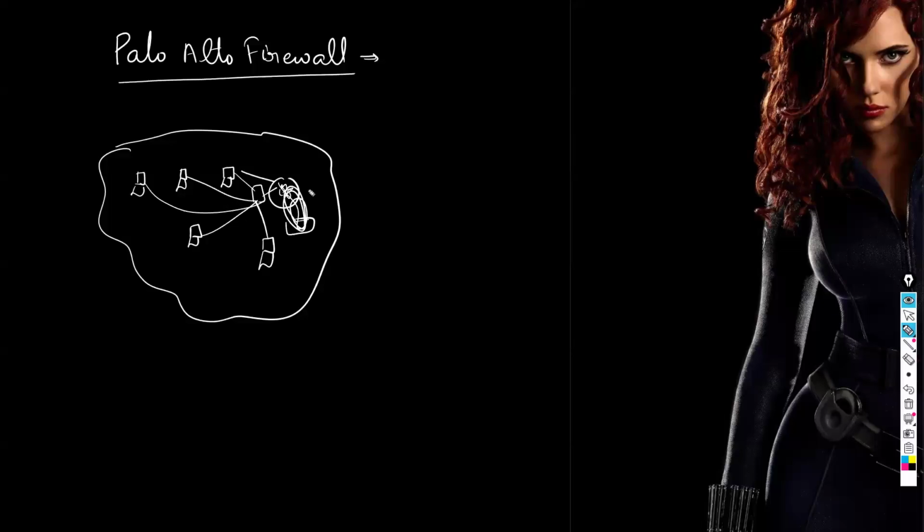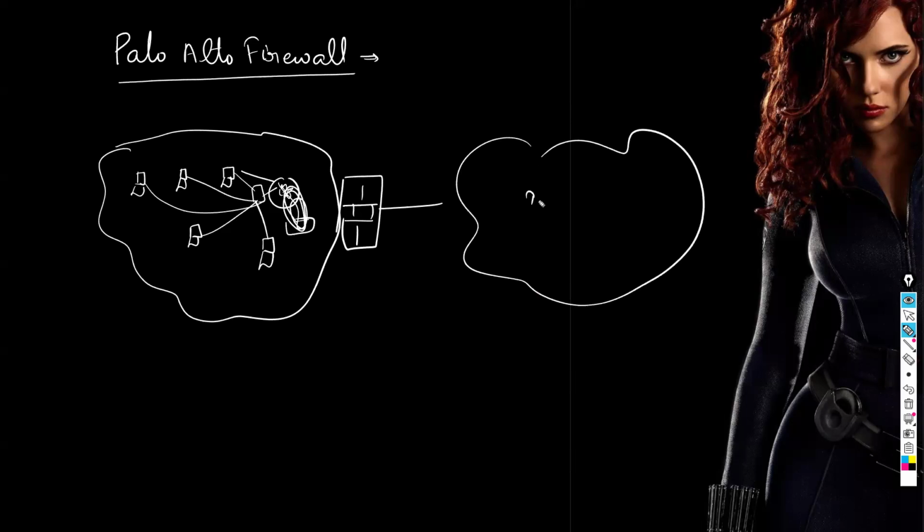Our focus is that ultimately, all of these computers are inside an architecture, and here at the perimeter, we have deployed a firewall. It could be a Palo Alto firewall, and that's how we are going to save it from the internet using the firewall rules and the policies.